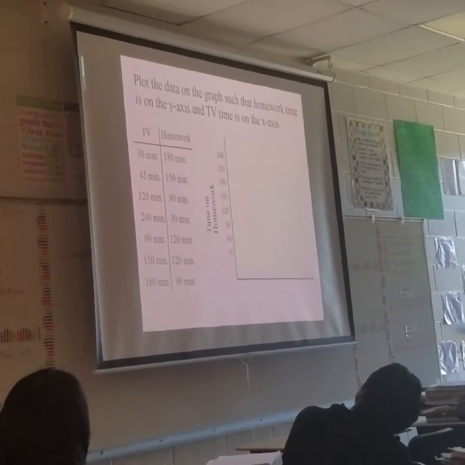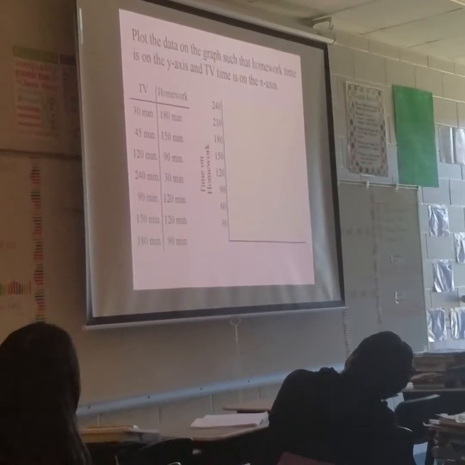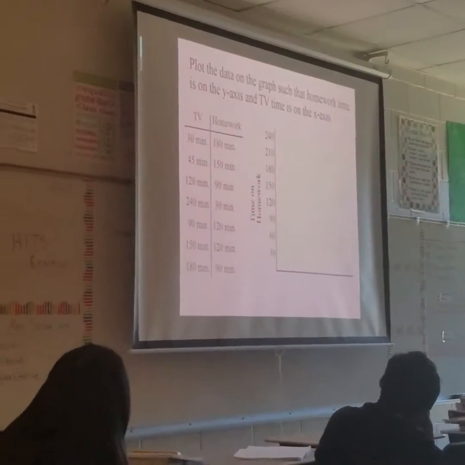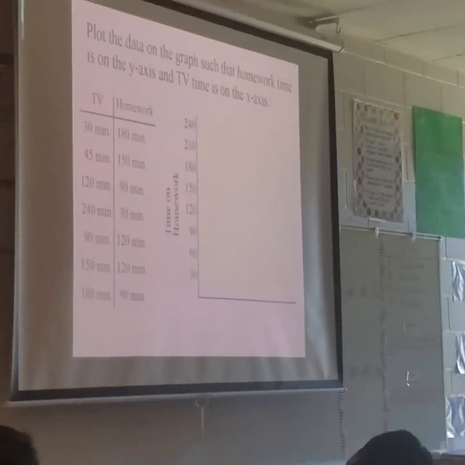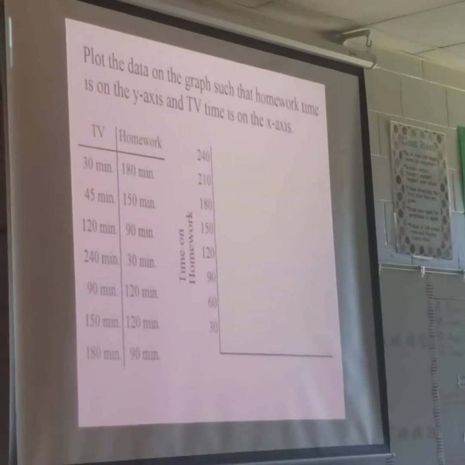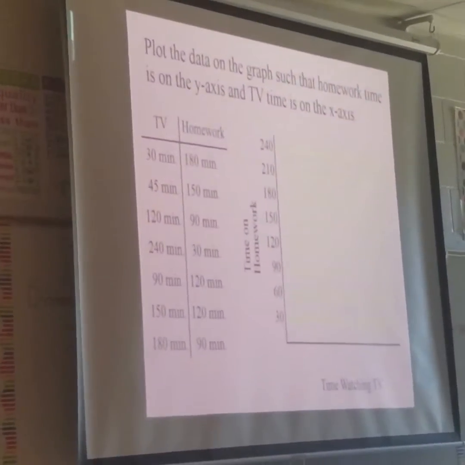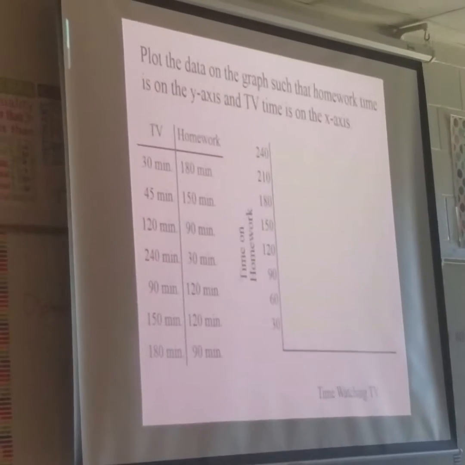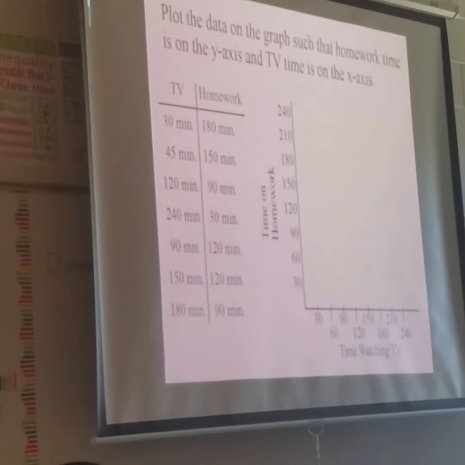We're using the time on homework as your which coordinate? It's your Y. And the time watching TV is gonna be representing your which coordinate? X. Okay, so we're plotting this on our graph.